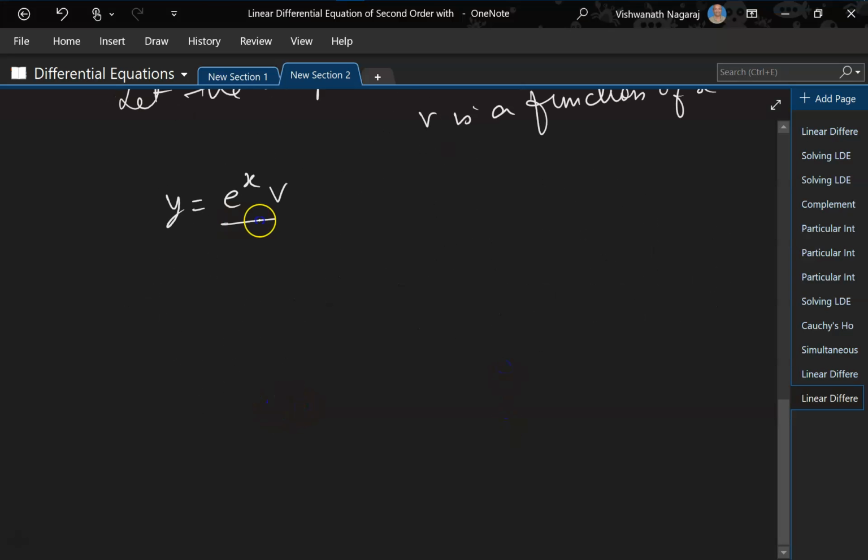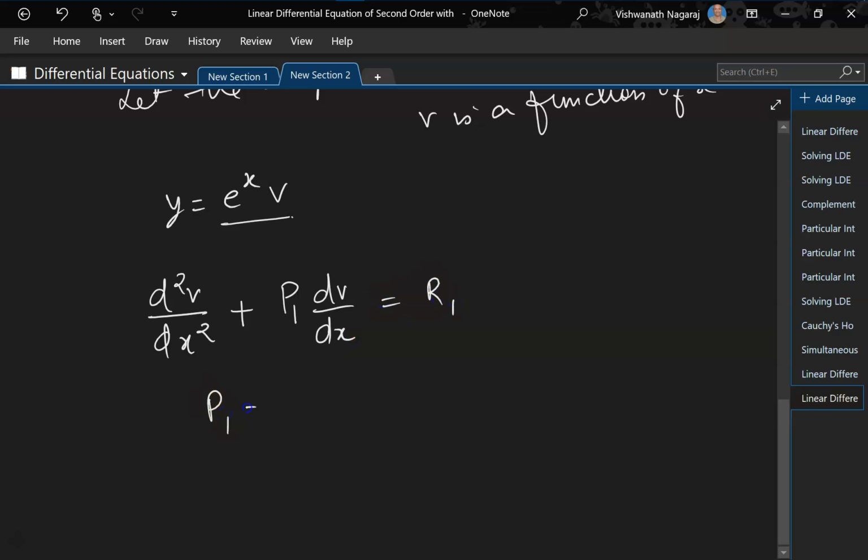Once we put this in our standard equation and go through the process that we saw in the previous session, what we'll end up with is d2v/dx² plus p1 dv/dx is equal to r1. We have already used p, so it is p1.